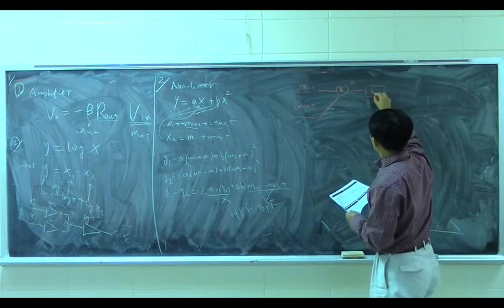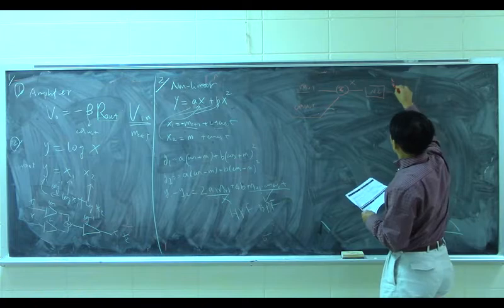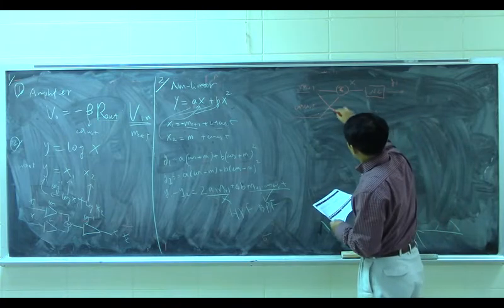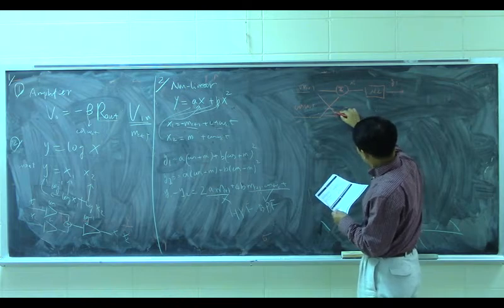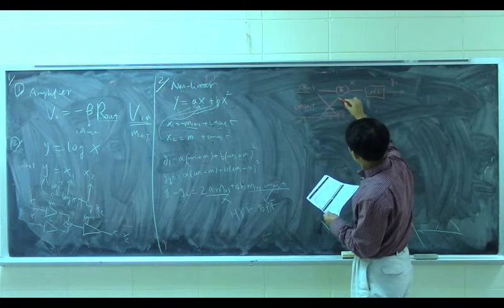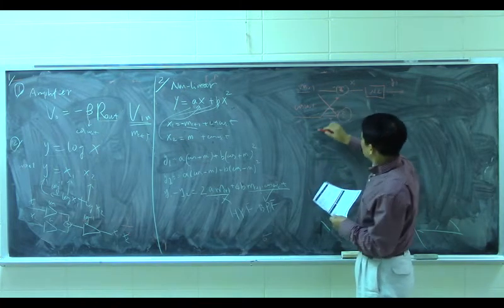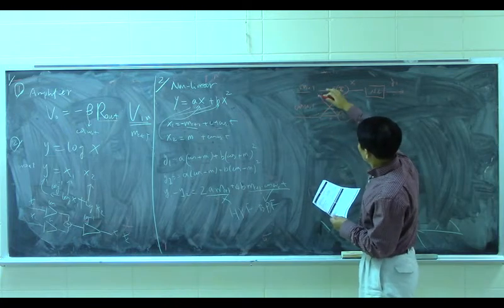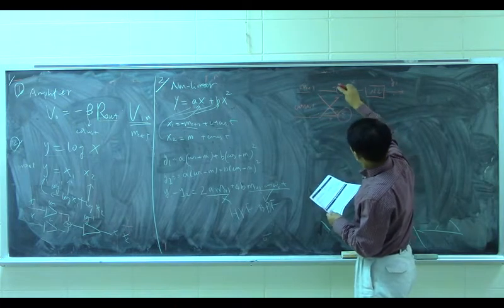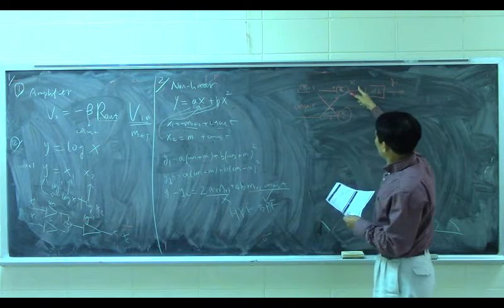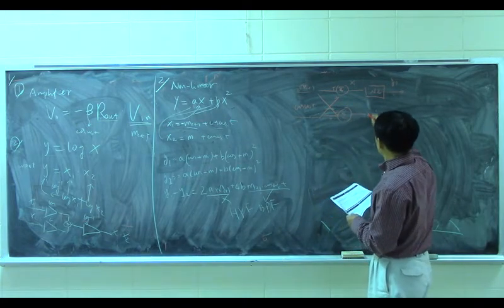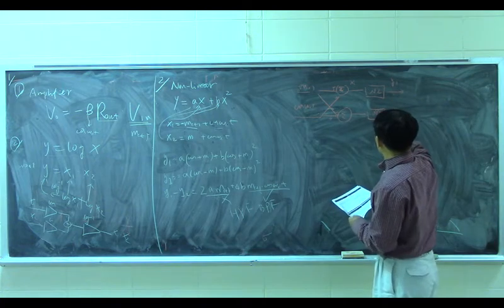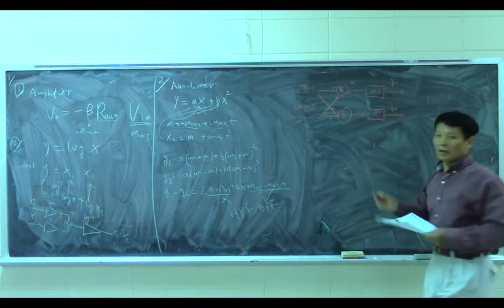We pass it through a nonlinear device, we get Y1. And here, this signal and this signal, we add up together. Remember, this one here is minus, this is plus, this one is plus, this one is minus. Both are plus over here. And we get X1, and we also pass it through the nonlinear device. That's it, we have Y2 here.